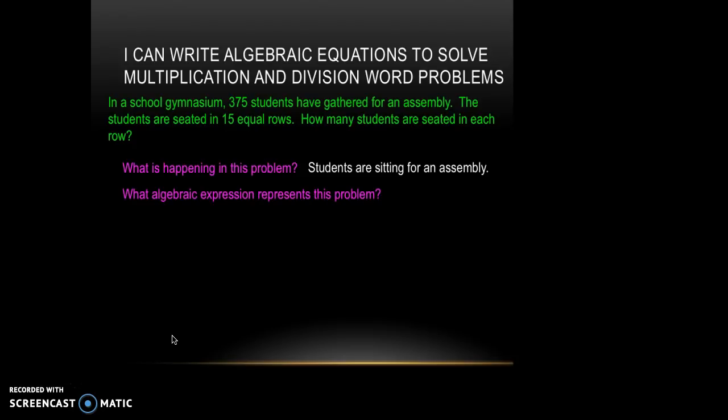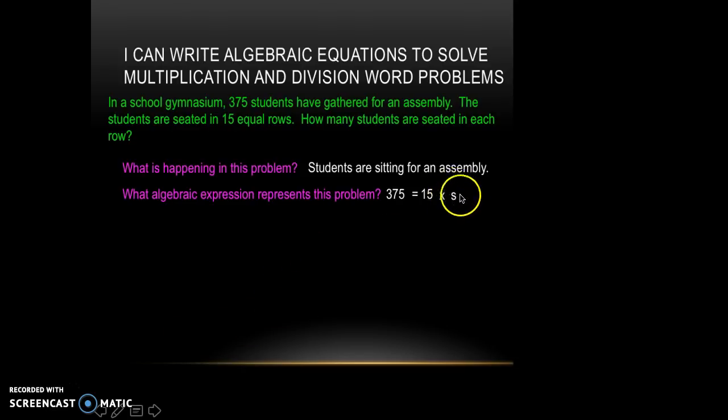If we think about our algebraic expression, we've got 375 total students. They're dividing up into equal rows of 15. So we know that 375 is going to be 15 rows, but we don't know how many students are going to be in each row.